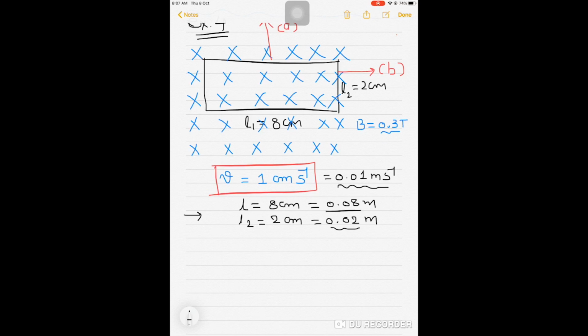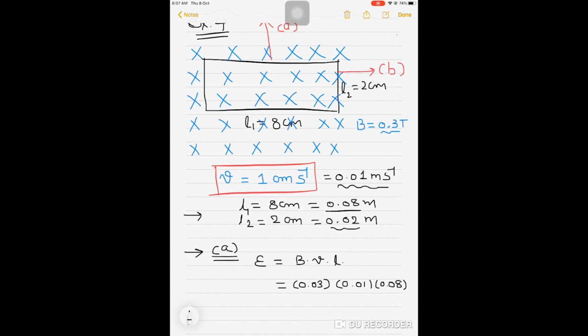Now we will calculate the first case, that is case A, when the longer side is going out. As per EMF we have the equation BVL. First of all, the 8 centimeter part is moving, so the magnetic field is fixed, that is 0.03. Velocity is fixed, that is 0.01, but here the length will be 0.08. So that longer side will have length L1.